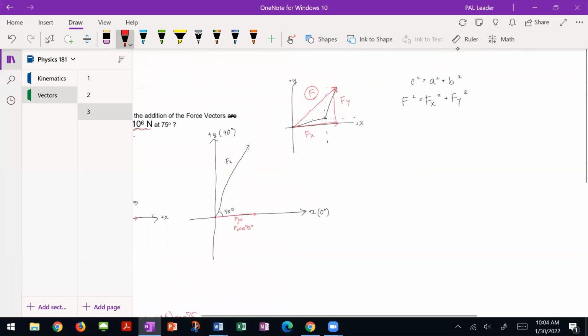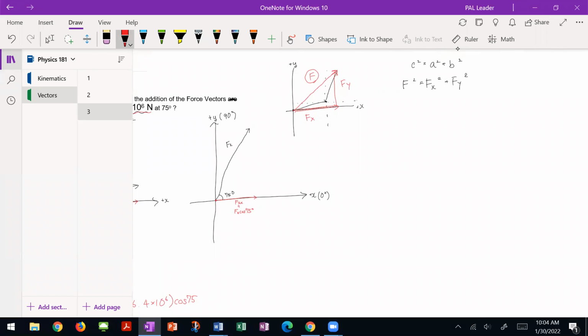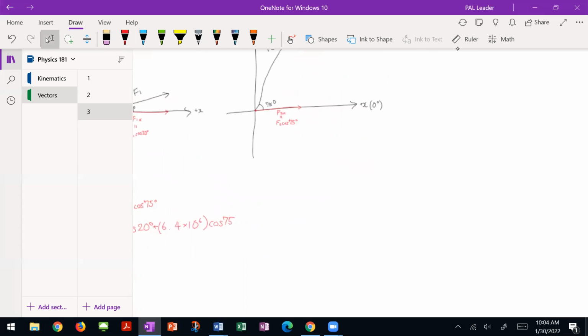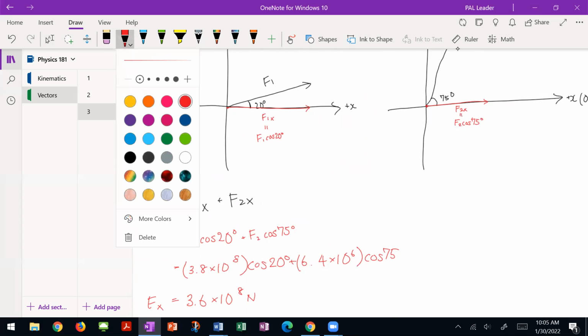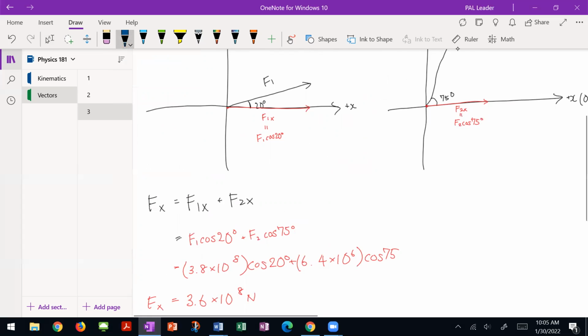We just found what this is, right? So we're one step closer to finding our hypotenuse, the resultant force. We need to look for Fy now. It's the same thing though. Let's do it in blue.